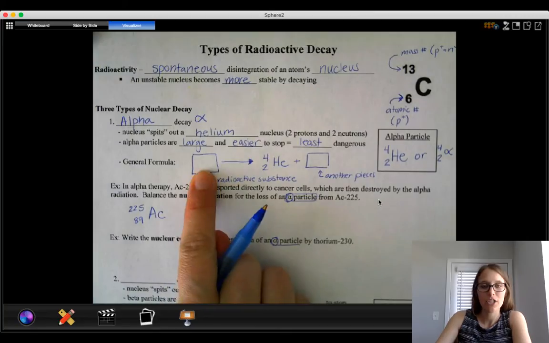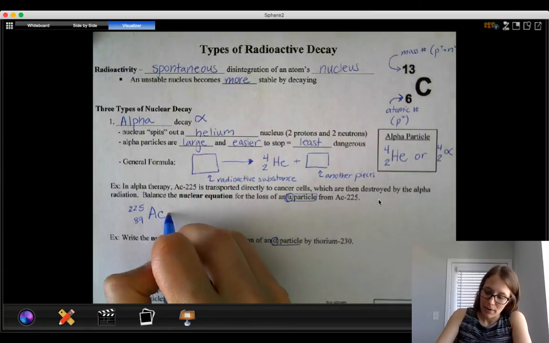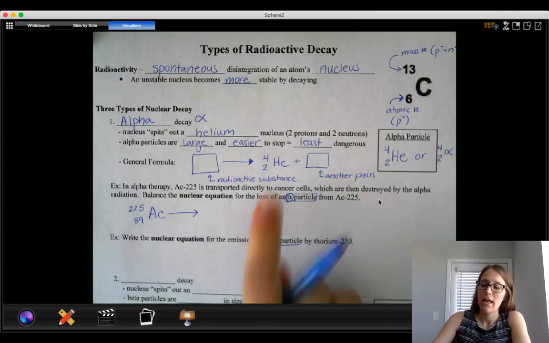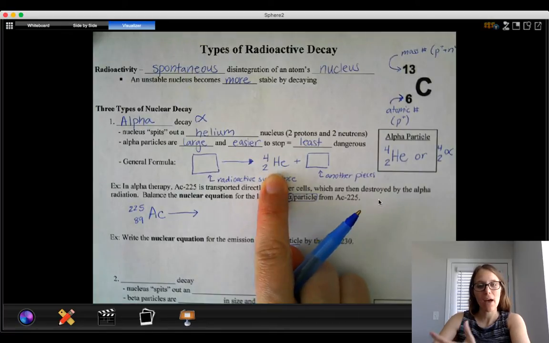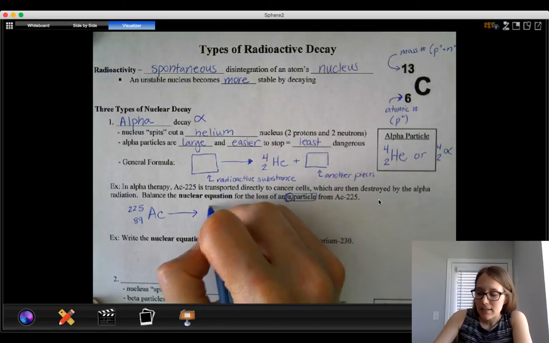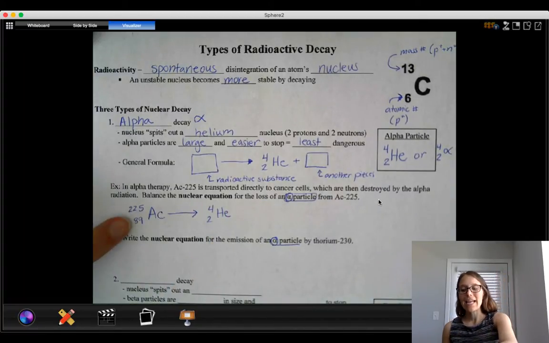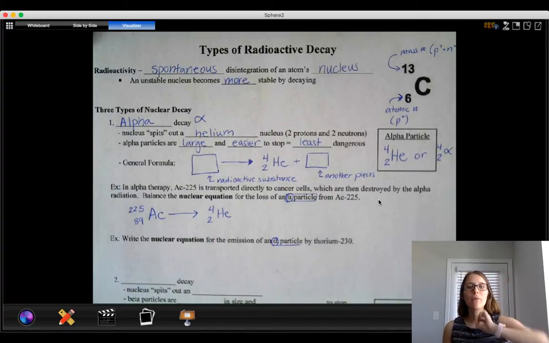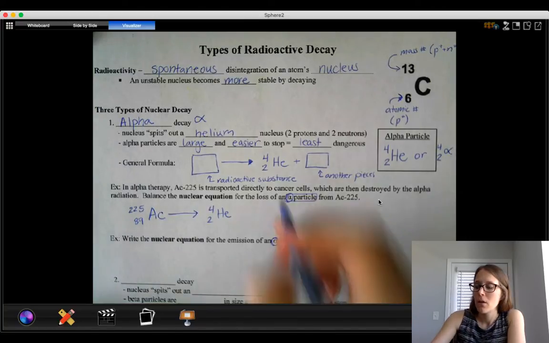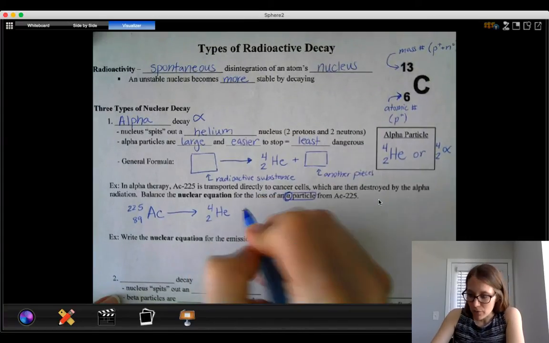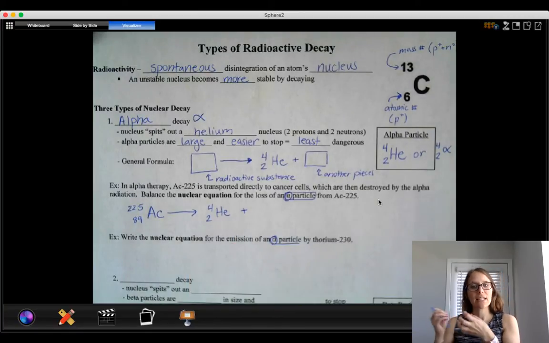So that's this first piece. It's now going to break apart, and the first thing that's going to get spit out of this nucleus is the alpha particle. This nucleus right now has 89 protons. It's going to take 2 of them and spit them out, and it's going to take 2 neutrons and spit those out as well. In order to figure out what we're left with, we have to do addition and subtraction.